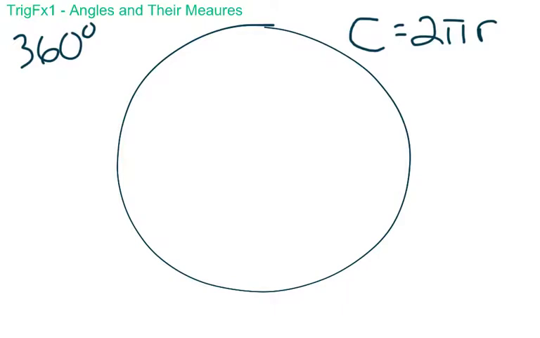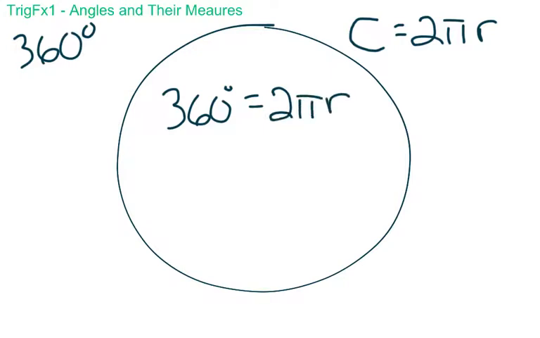Now check this. If we were to take these two pieces and set them equal to each other, when we walk around a circle, we walked 360 degrees, but we also walked 2 pi r, inches or feet or meters. So let's set those equal to each other. 360 equals 2 pi r, so it's consistent.